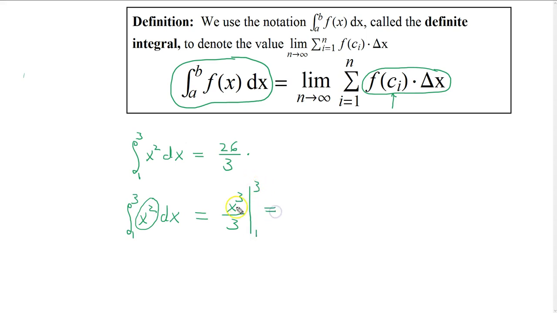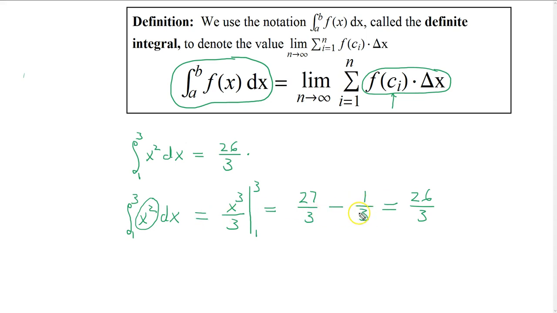So if we put 3 in for x, we get 27 over 3. And if we put 1 in for x, we get 1 over 3. And if we subtract those two numbers, notice that we get 26 over 3, which is the same as what we found by evaluating the limit of our right and left rectangular approximation methods.